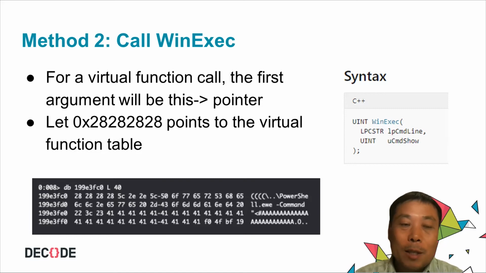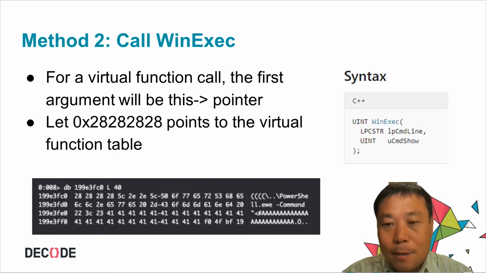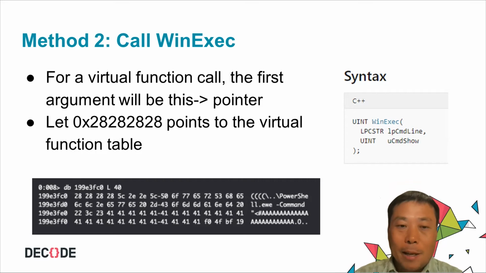Here, one thing to notice: the first parameter will be a pointer to the object itself. So we have to put the command string inside the object. And remember, the first 4 bytes will be a pointer to the virtual function table, so we cannot ruin it. We have to keep it valid.